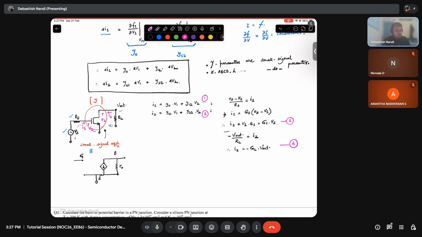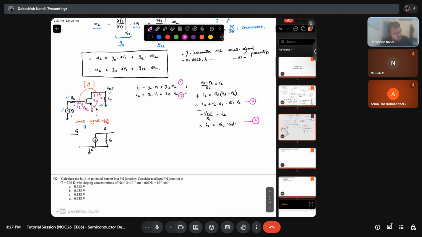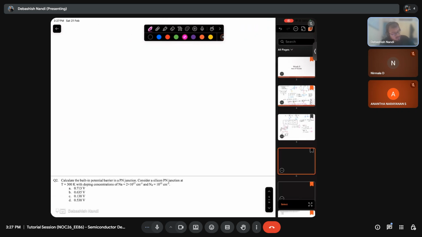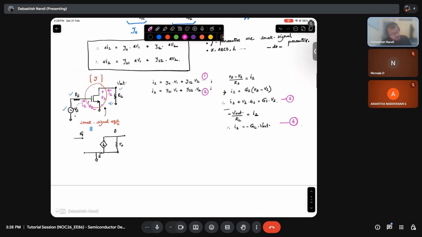So what we'll do, from these four equations, can I get an expression of Vout divided by Vs, because that is my amplifier gain?